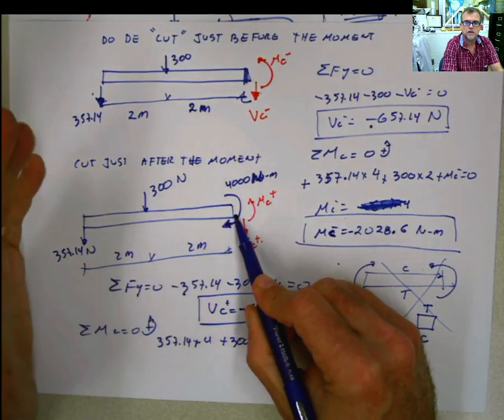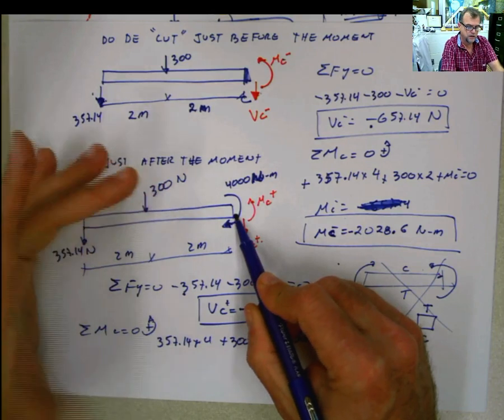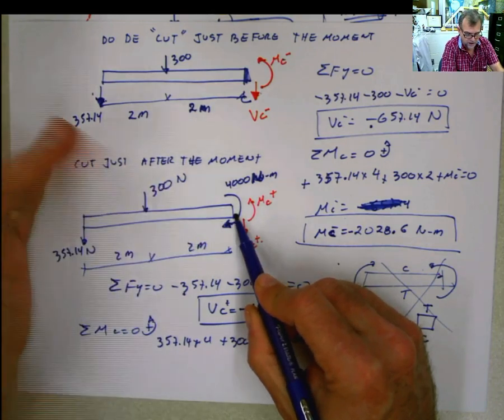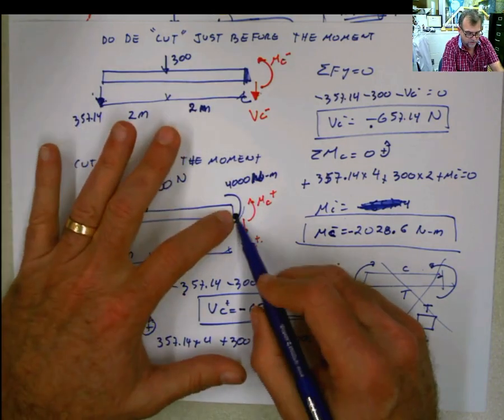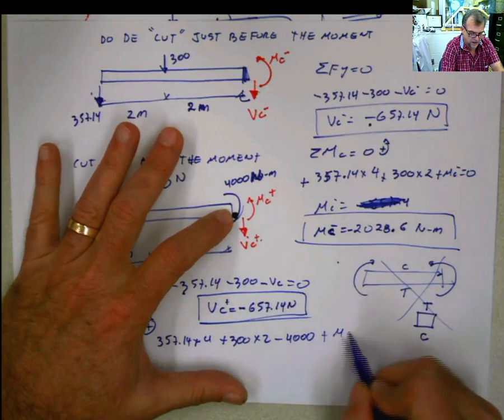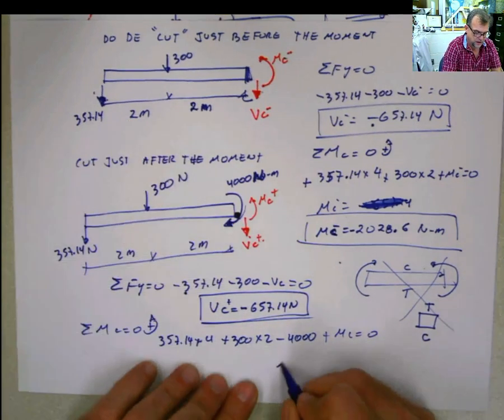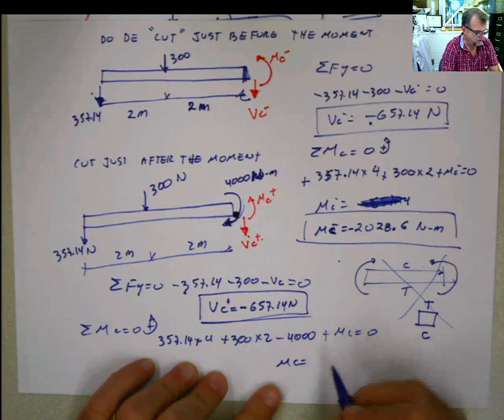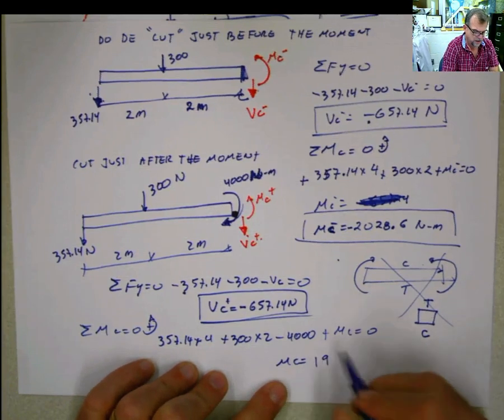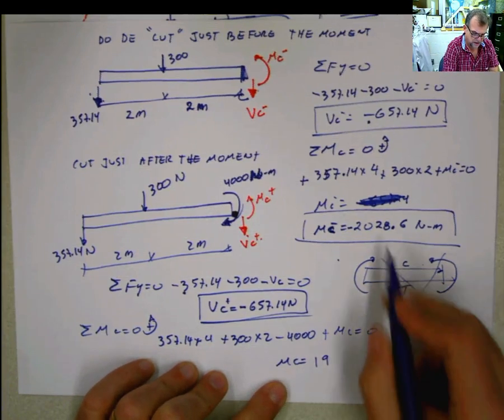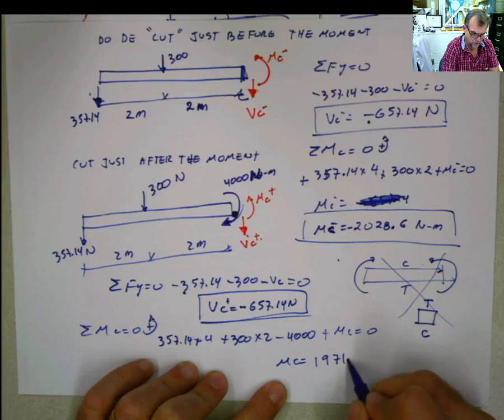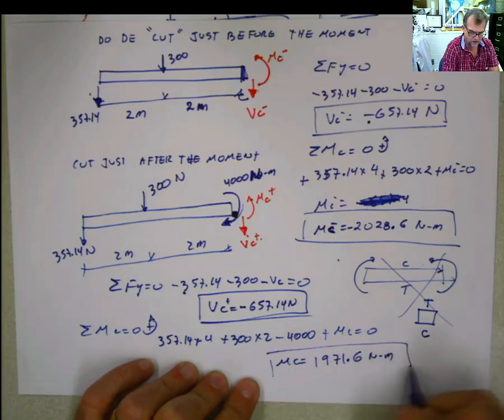Yes, of course, it's a concentrated moment, it's already there. The distance is 0, but I don't need the distance for anything in the moment. So 4,000 plus MC equals 0. And MC is going to be equal to 1,971.6 Newton meter. And I'm so fast calculating this, you see.